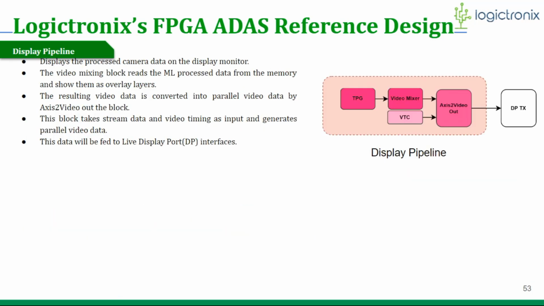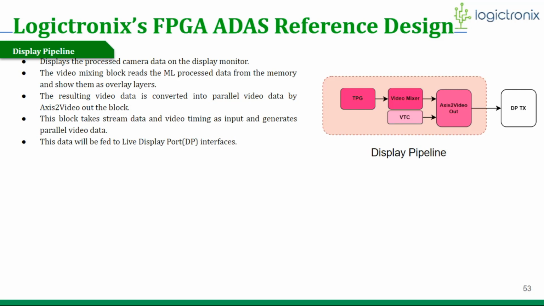And let's move into our display pipeline. This pipeline contributes to showing off the processed camera data on the display monitor. The video mixer block is the major block of this pipeline, which will read the ML processed data from the memory and show it as overlay layers.